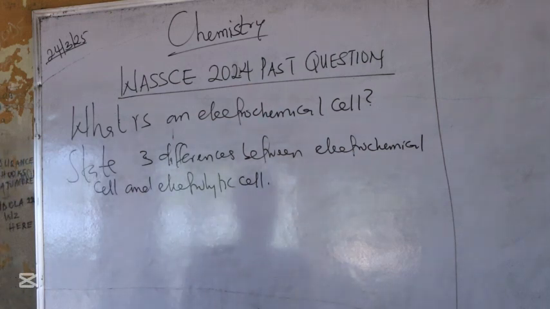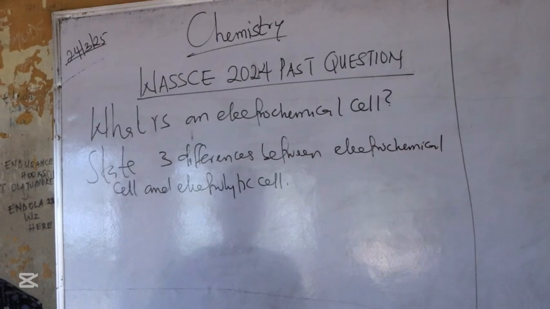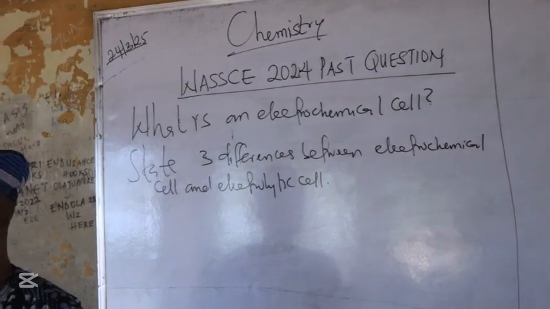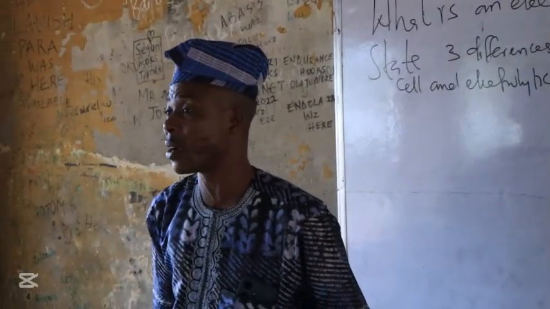Now, we have defined electrochemical cell. Then what is electrolytic cell? It is only when we know what electrolytic cell is that we can give the difference between the two. What is electrolytic cell? It converts electrical energy to chemical energy. So that means the electrolytic cell is the inverse or the reverse of electrochemical cell.